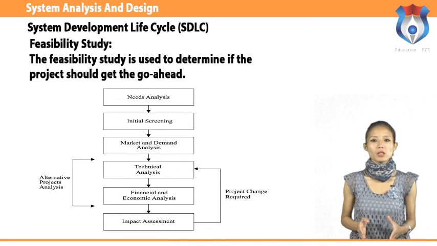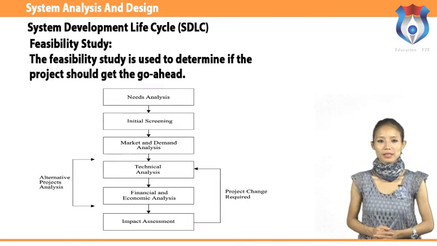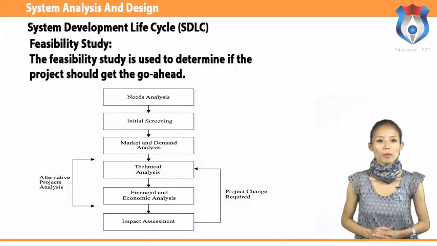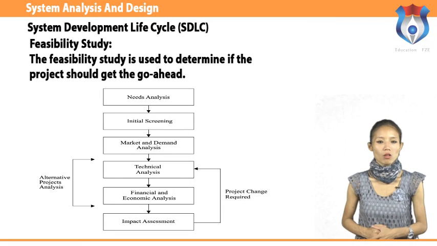The aim of the feasibility study is to assess alternative systems and to propose the most feasible and desirable system for development. Thus, the feasibility study provides an overview of the problem and acts as an important checkpoint that should be completed before committing more resources.